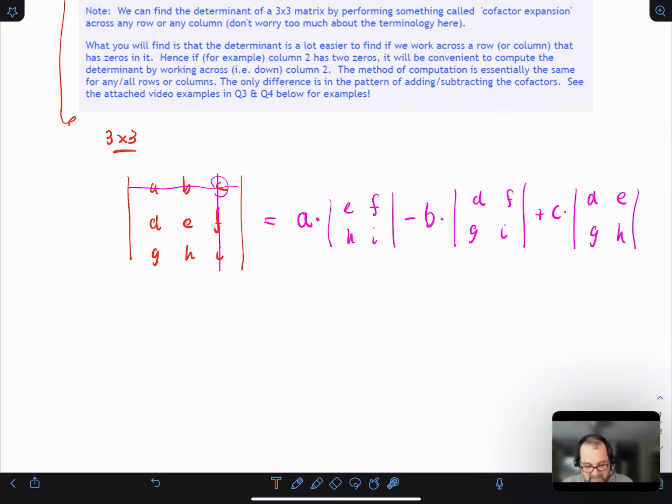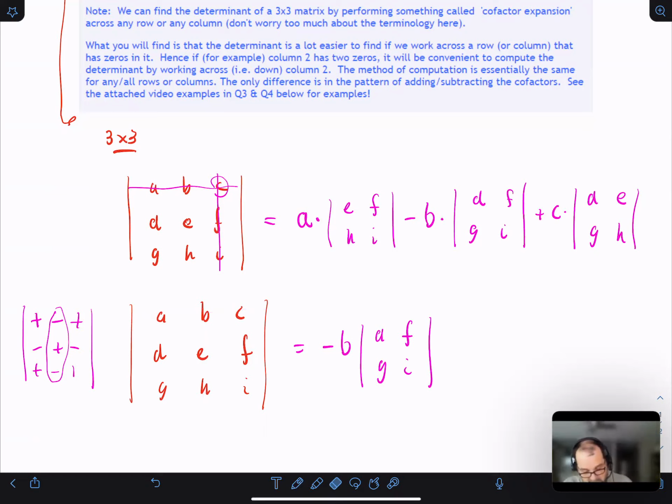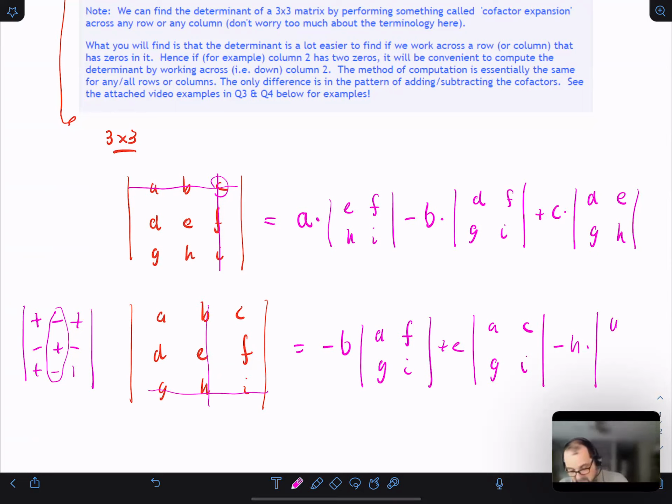So here's my B, I would then do D, F, G, I, and then we would move down our column, and we would do next the E. So we would have a plus E, and then we would do our product, A, C, G, I, and then lastly, we would have a minus H, and then around the H we would have A, C, D, F.